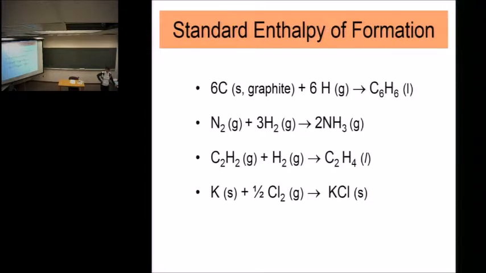Okay, so I want you to think of which one of these is a heat of formation reaction and which one of these is just an ordinary combination reaction. Take a minute and decide, yes, it's an example of a heat of formation reaction, or no, it's not. Remembering our two conditions. Okay, so think about each one.